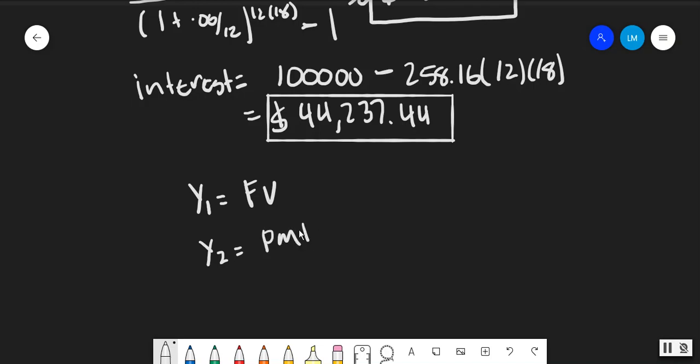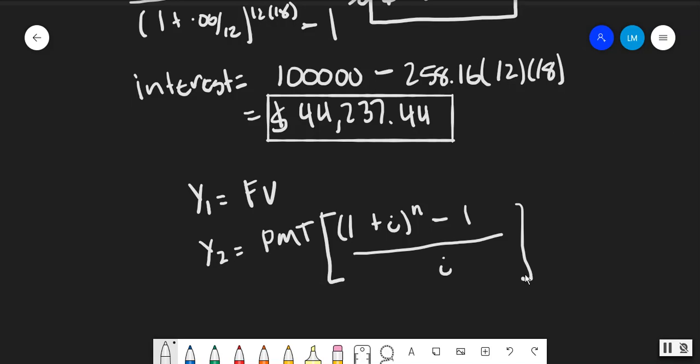We have the payment, multiplied by 1 plus i to the n minus 1, divided by i. Most of the time, one of these components would be missing.